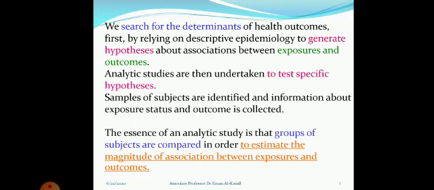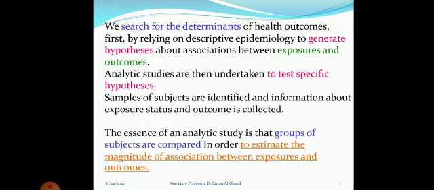We search for the determinants of health outcomes first. Always, as a public health physician, we are always looking for the causes of the disease. What are the causes of the disease? If an individual is exposed to certain factor, what is the outcome of this exposure?